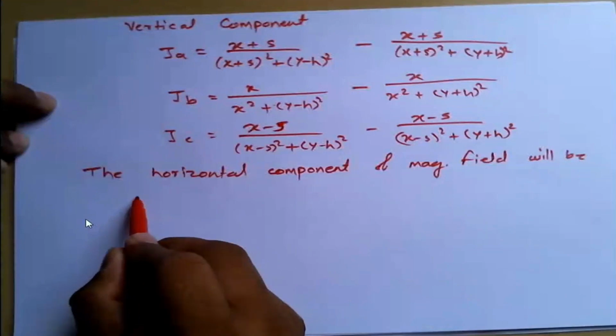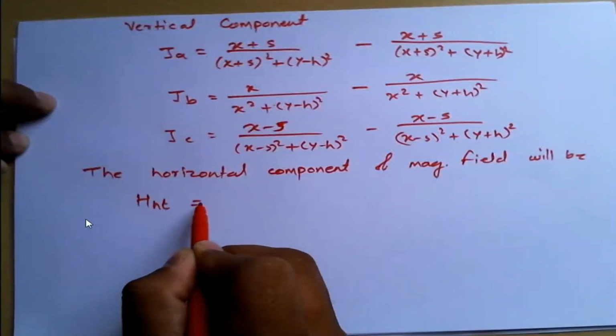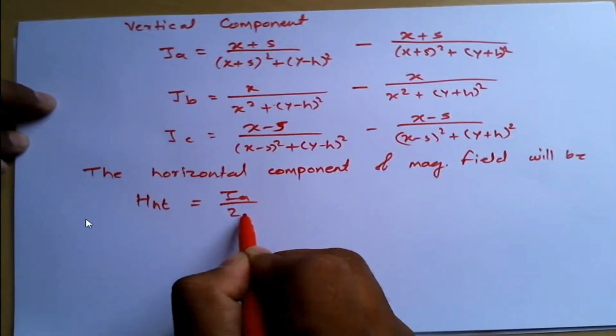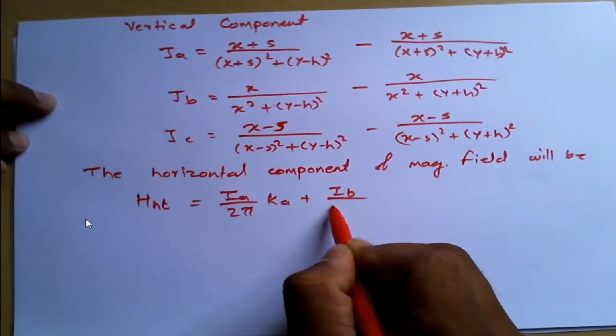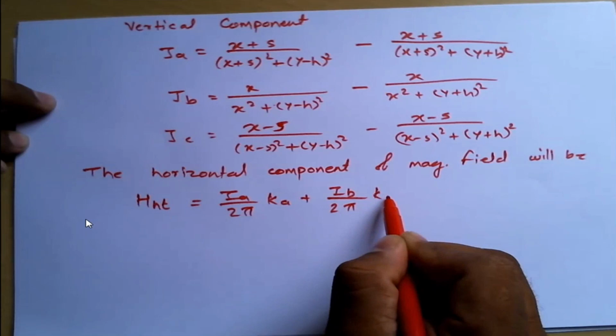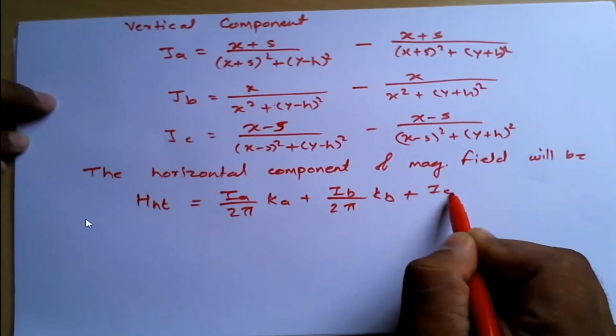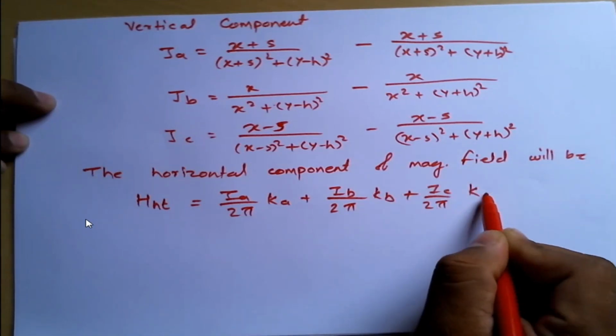It can also be written as H of St is equal to Ia upon 2 pi into Ka, plus Ib upon 2 pi into Kb plus Ic upon 2 pi into Kc.